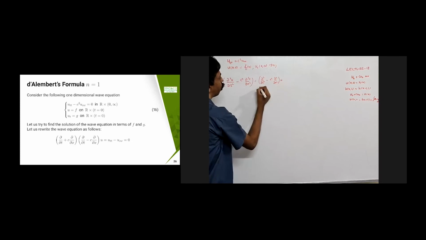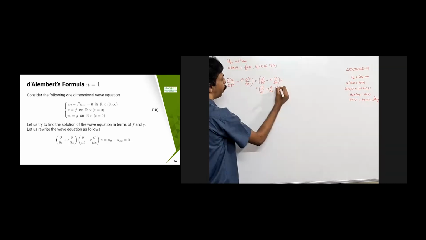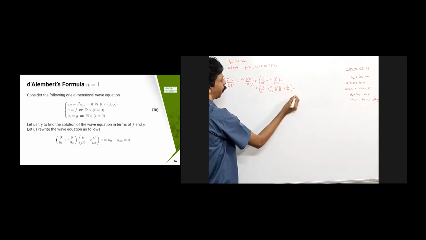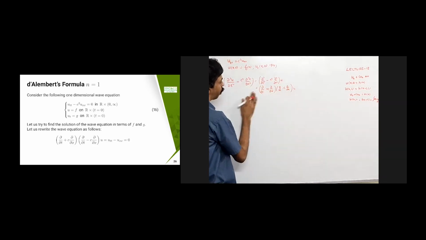I can split it this way: (dou by dou t plus c dou by dou x) of (dou by dou t minus c dou by dou x) of u. That means I apply the second factor first and then this one, so it is the same as before.